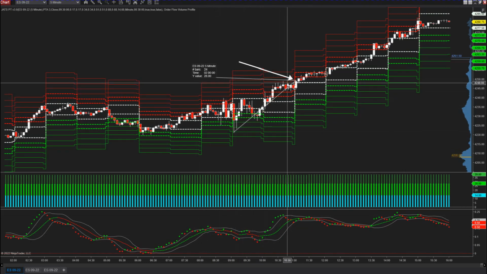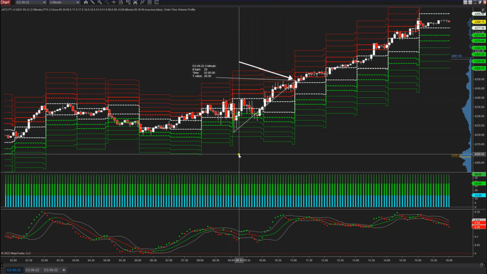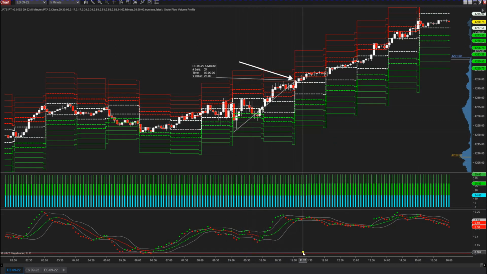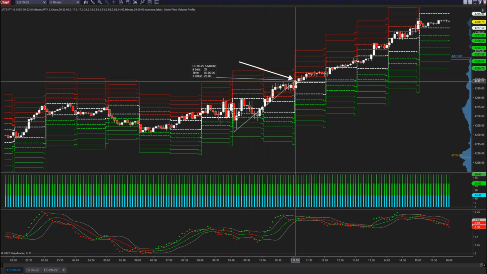If it reverses, if it continues going directionally, you would go from the high down, right? Either the high down or the low up. And run your range. Here was 28 points, and at 11:30, my dear, we were at 28 points. I'm not making this stuff up.